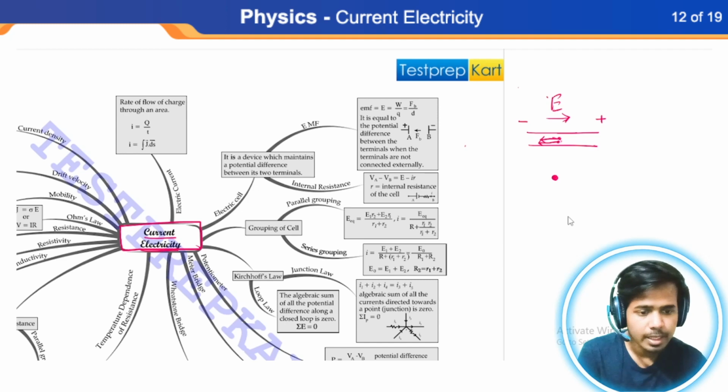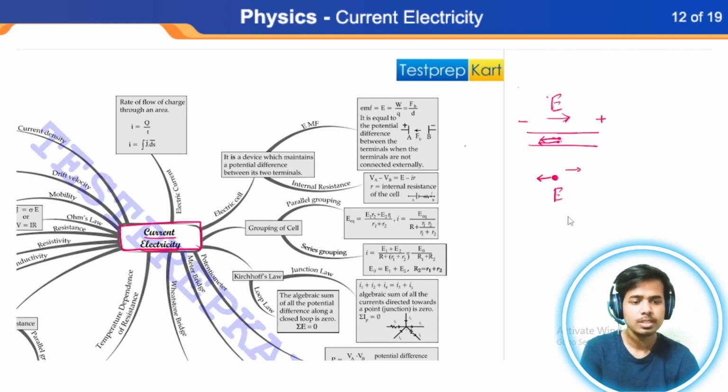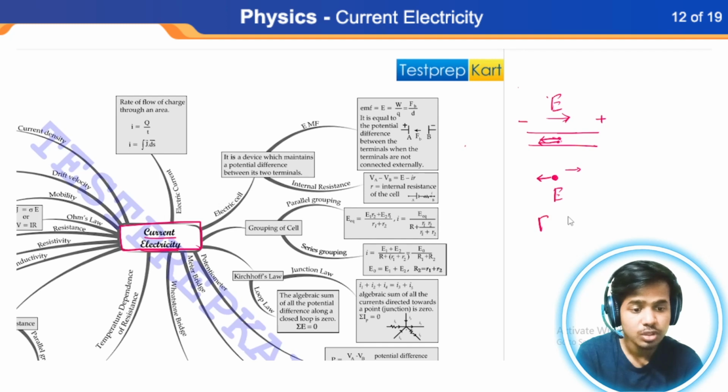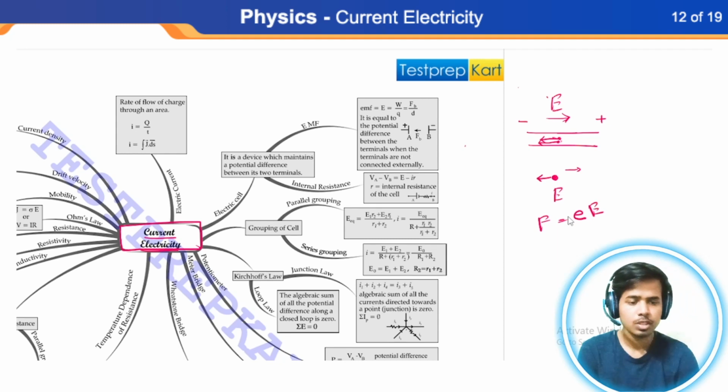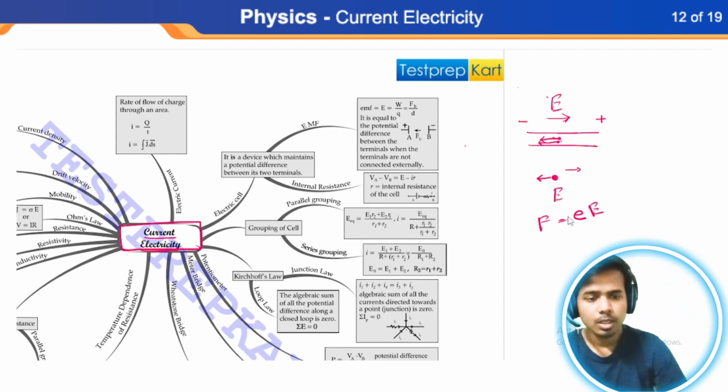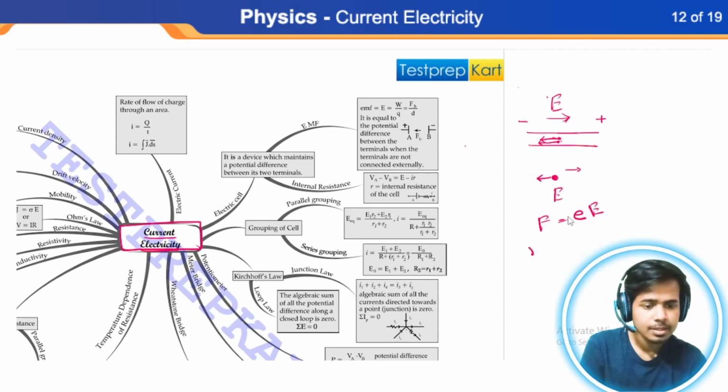Do you think the E field is getting applied in this direction, due to which the electron will experience a force in this direction, and what is that force going to be? F is going to be the charge on one electron, e, times capital E. This is going to be the force, due to which it will accelerate, of course.